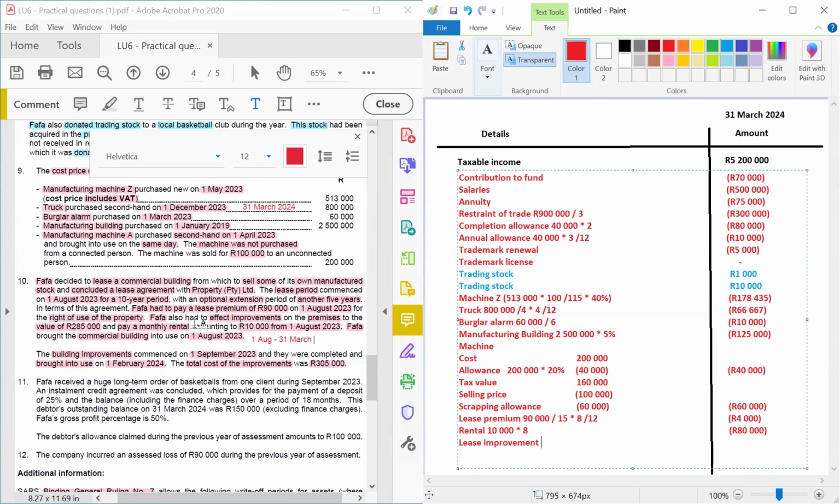Now the lease improvement. What's going to happen with the lease improvement? We have the amount here, 285,000.